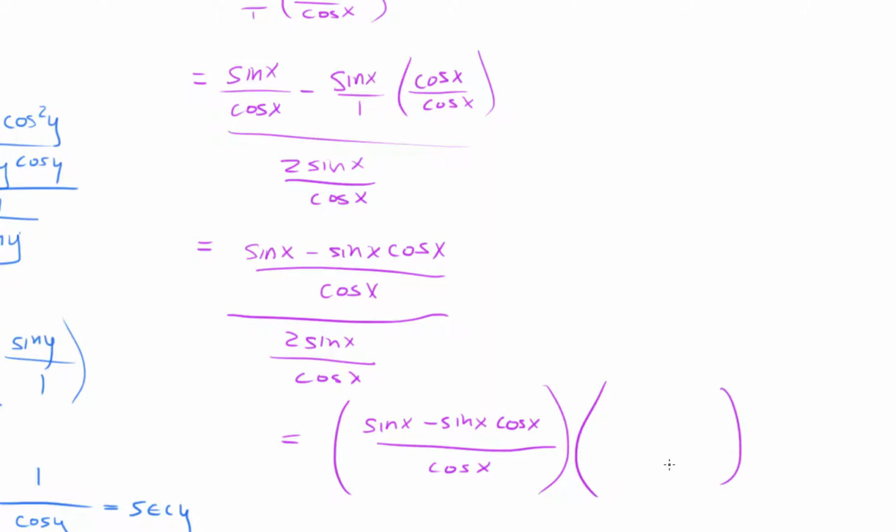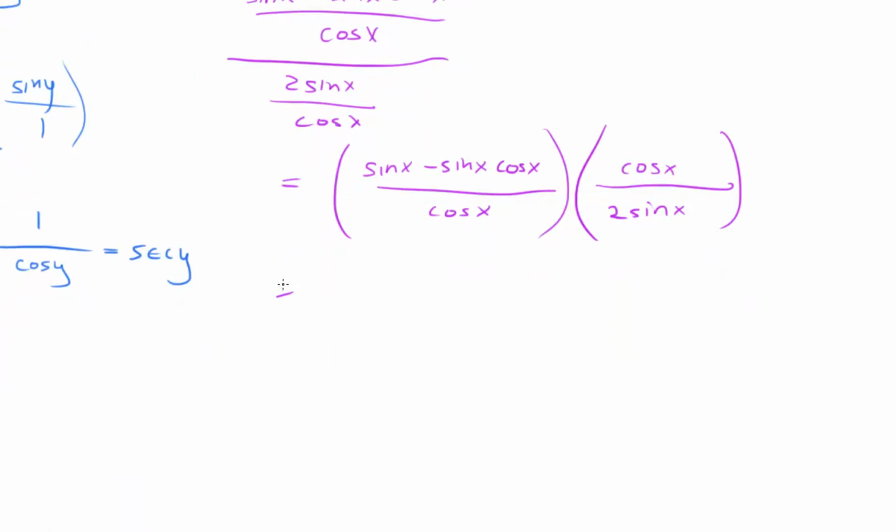And then on here, I'm going to multiply by the reciprocal, which is cosine of x over 2 sine of x. And by now you'll see, I'm going to use the commutative property of multiplication. I'm going to flip these two guys.